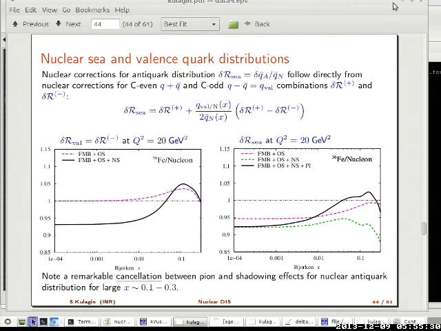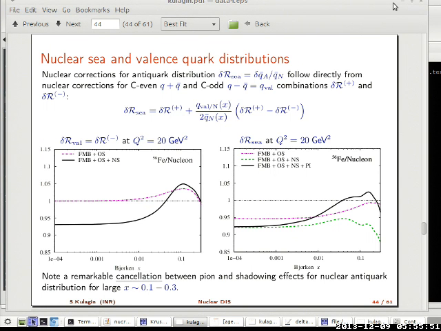So the interesting observation is that there is an enhancement factor for the shading correction standing here in front of the difference of these two contributions, R plus and R minus.